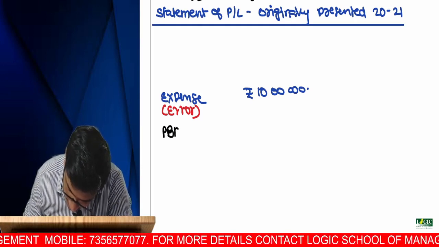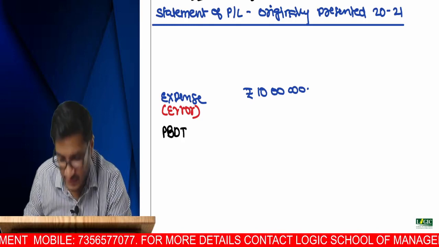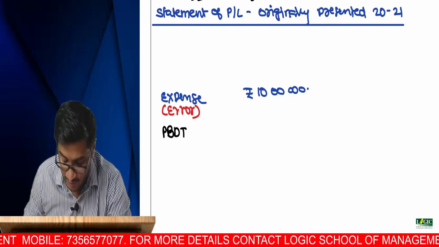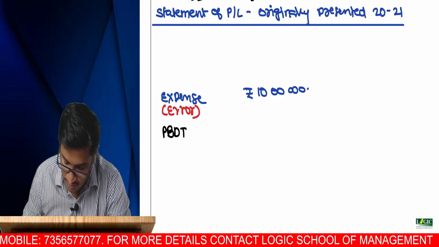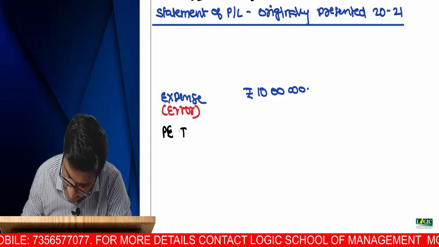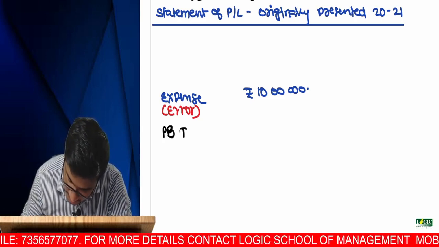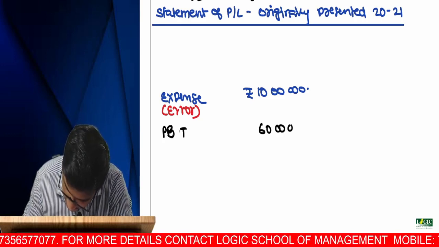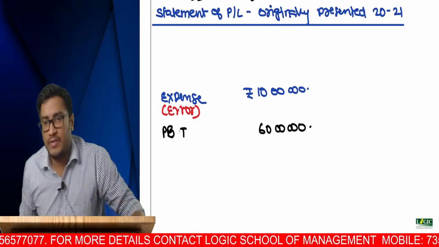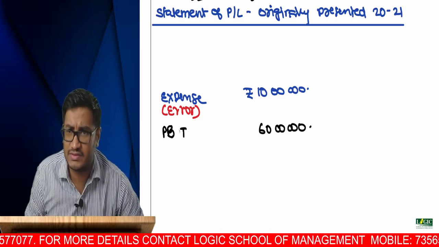So because of this, what is their profit? Such a disclosure as profit before depreciation is not there, but what is the profit reported? 60 lakh. Even if I write profit before tax there is no problem. Because for them there won't be any depreciation.